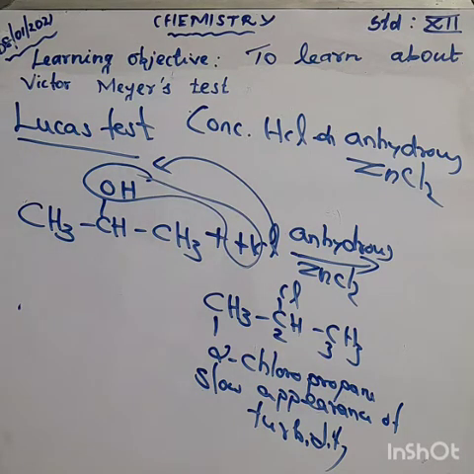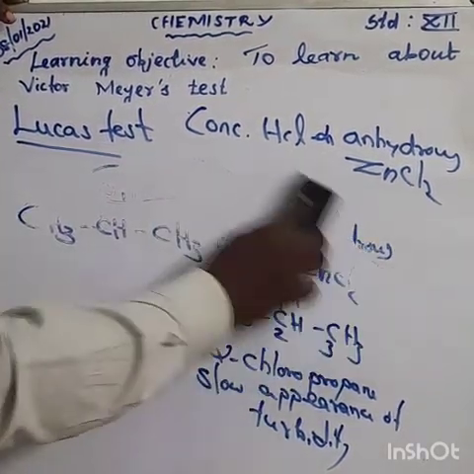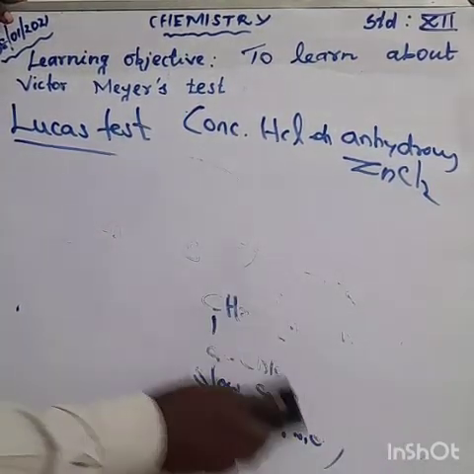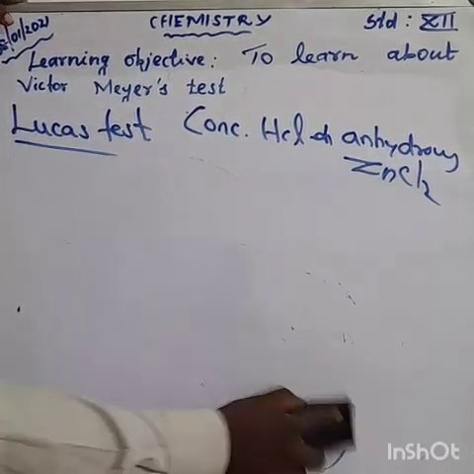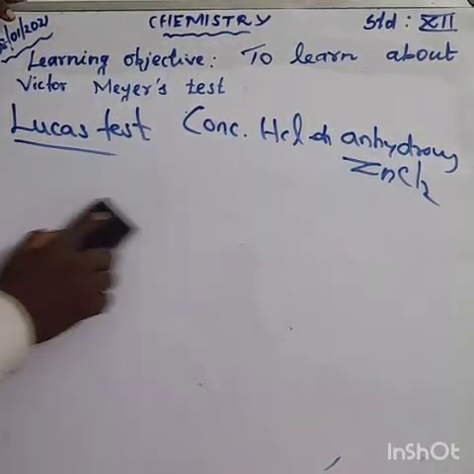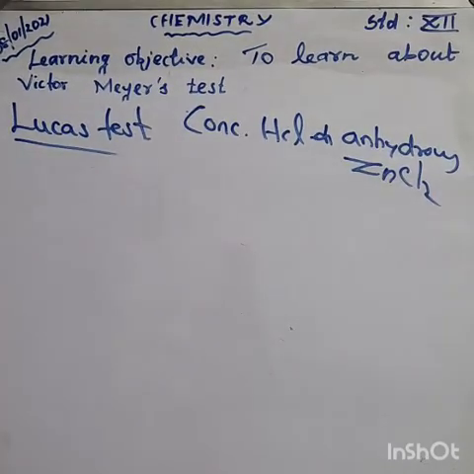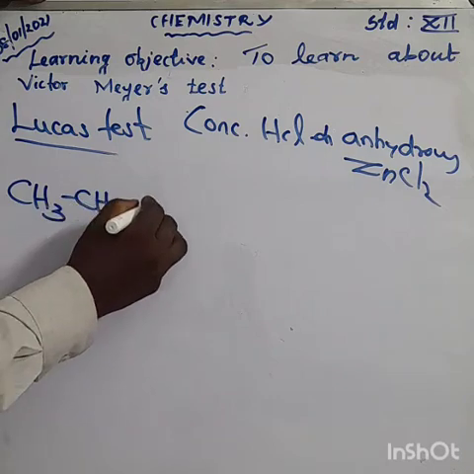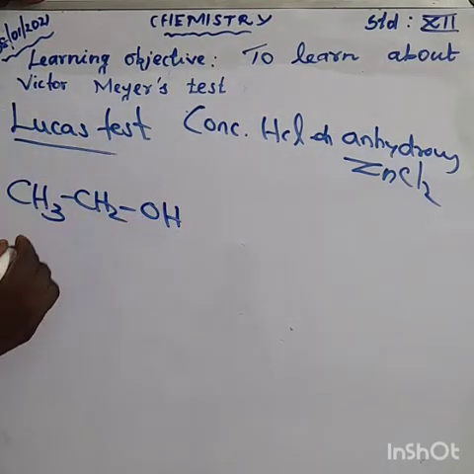What about the last, third one? Tertiary butyl alcohol is over, secondary alcohol is also over. The third one is about the primary alcohol. The primary alcohol formula is CH3CH2OH, we can say ethanol.